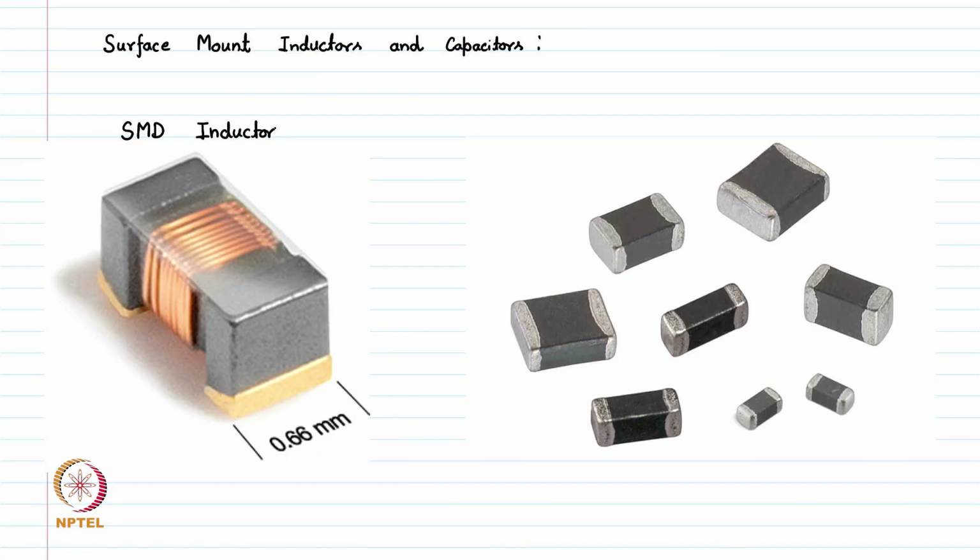The next is these capacitors. These are SMD capacitors. These capacitors are also available in SMD form factor. Here the middle, this black colored part, is a ceramic component which offers a certain capacitance, and on both sides we have these connecting pads.